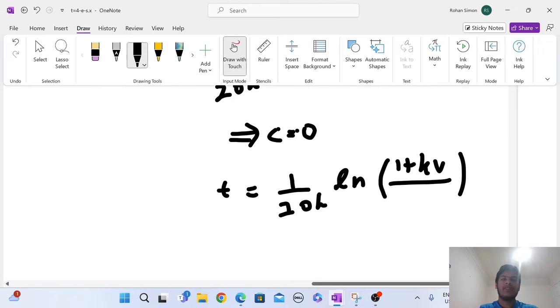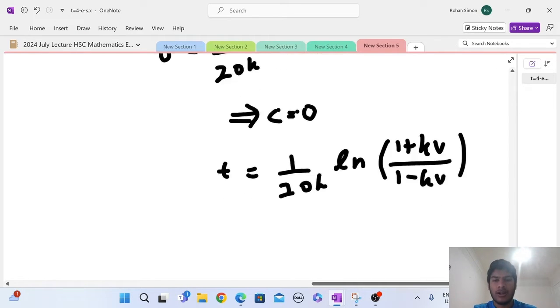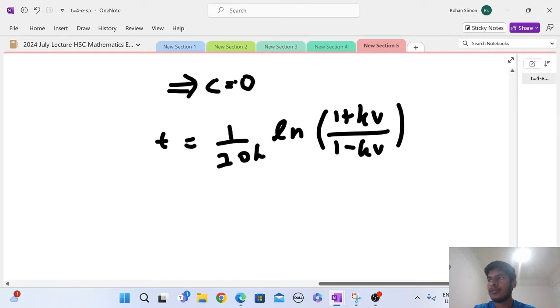Now, they've actually given us the value for k, but before we sub it in, we're looking for v in terms of t, right? We could, at this point, try and rearrange for v, but I think it might be quicker to solve for v after we sub in the numbers.